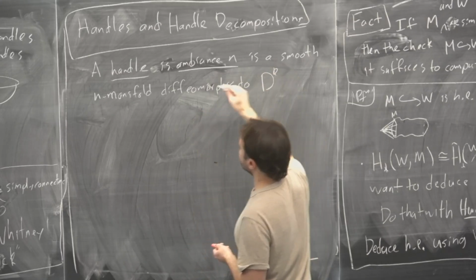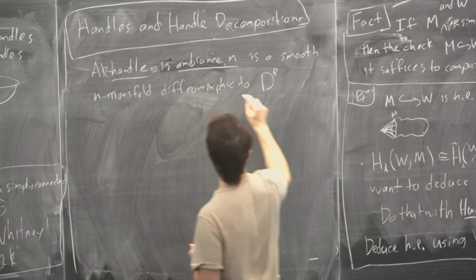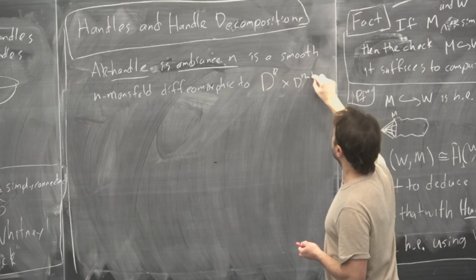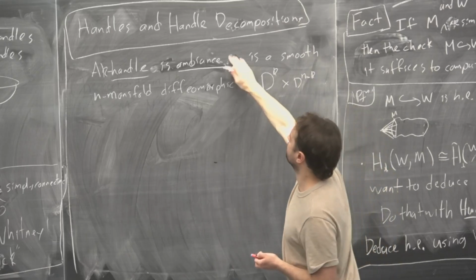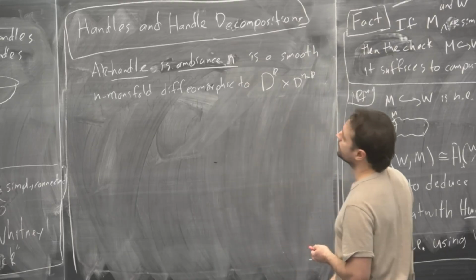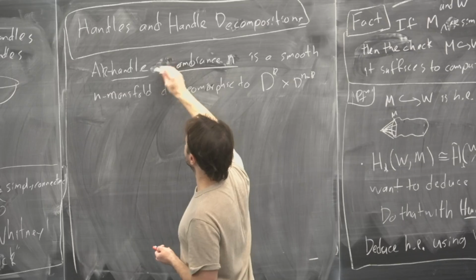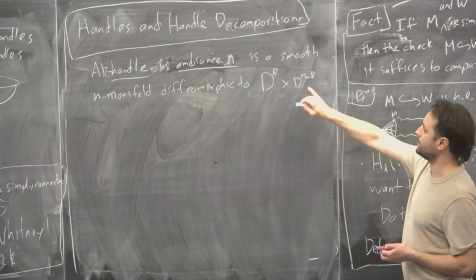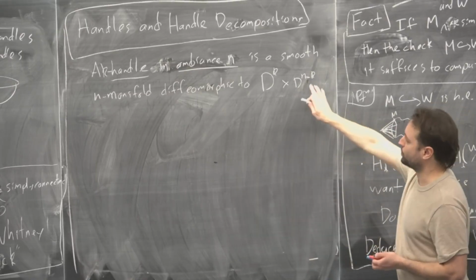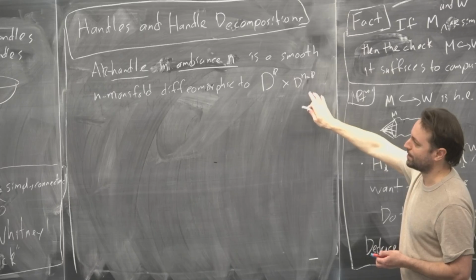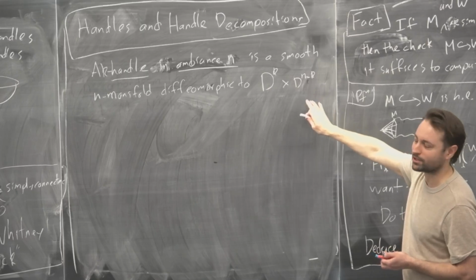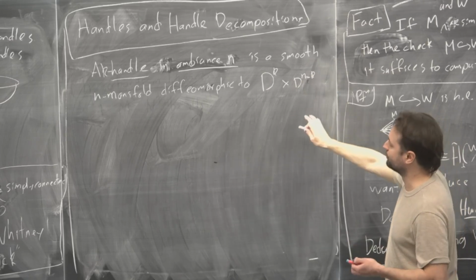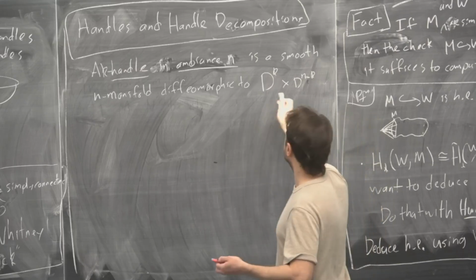This is a k-handle in ambient dimension n. So n is kind of the ambient dimension. It's a little bit weird sometimes because half the time our ambient dimension is going to be n plus 1, but I'll just state this definition for n. Yeah, that's all it is.